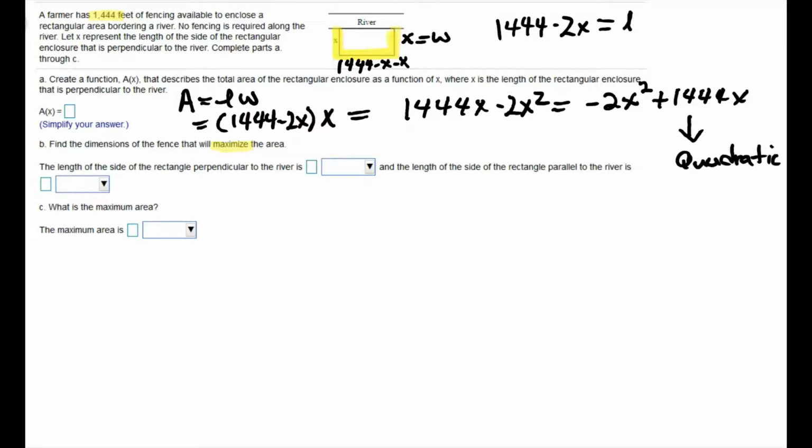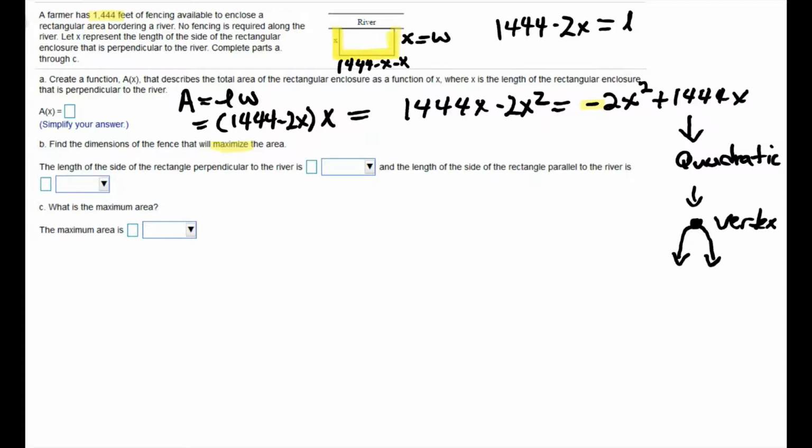We know the graph of a quadratic is going to be a parabola, and parabolas are either facing up or down, and because this parabola has a negative for the leading coefficient, I know that I'm going to have a down-facing parabola. And remember that we're trying to find the maximum area. The maximum or largest y value is going to occur at the vertex of the parabola. So if we're able to find the vertex of this quadratic, that's going to tell us the maximum area.